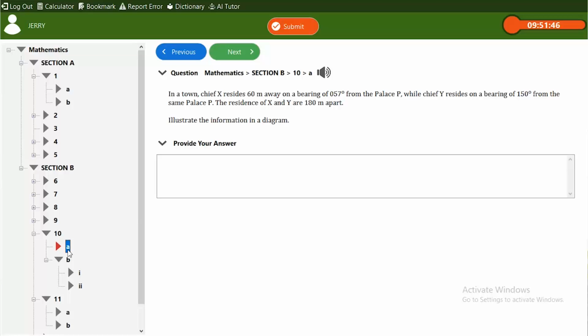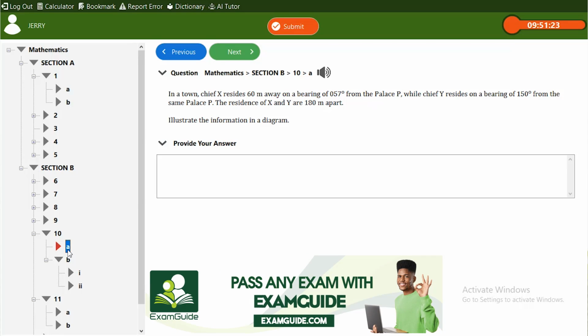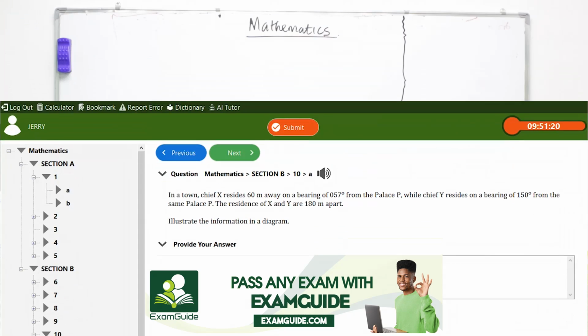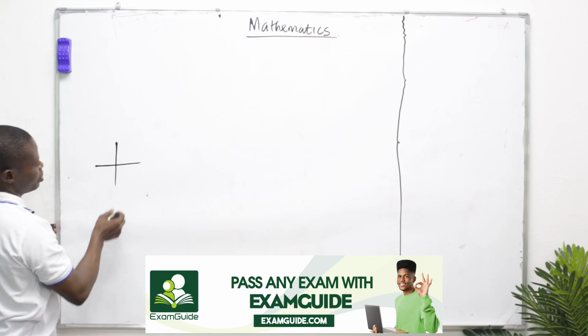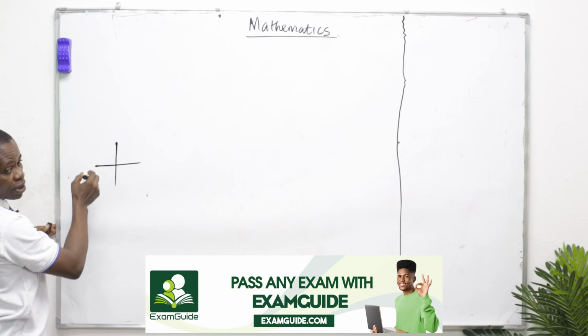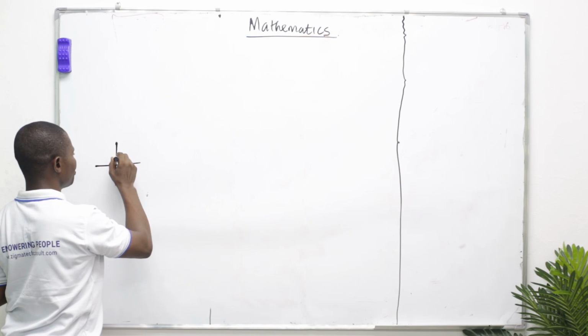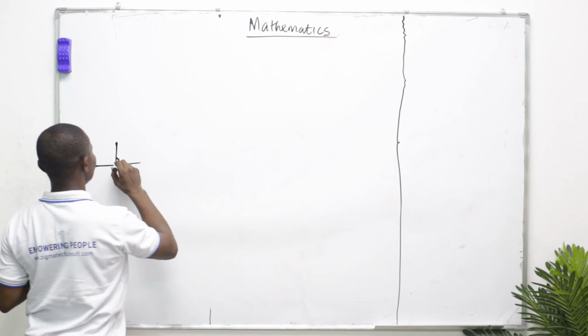Okay, let us look at this question critically and know how to follow it up so that there will not be any error. In a town, Chief X resides 60 meters away on a bearing of 57 degrees. We are starting with the bearing of 57 degrees. Thinking about our cardinal points, we have north, east, south, and west. 57 degrees is going to take its position here, meaning it's going this way.